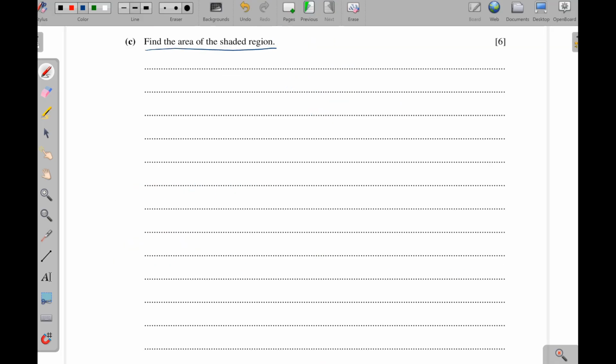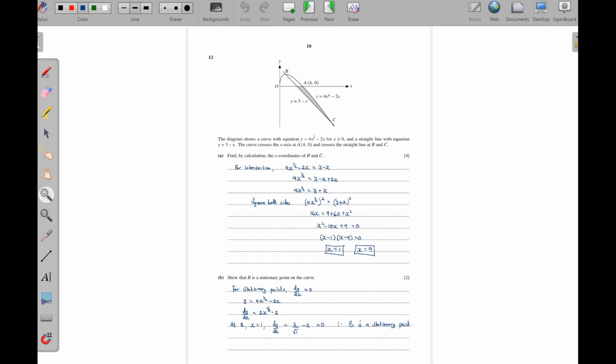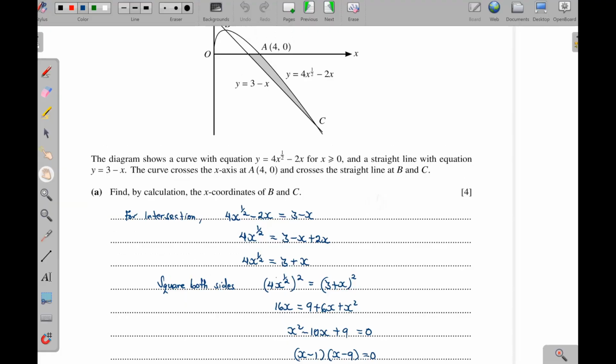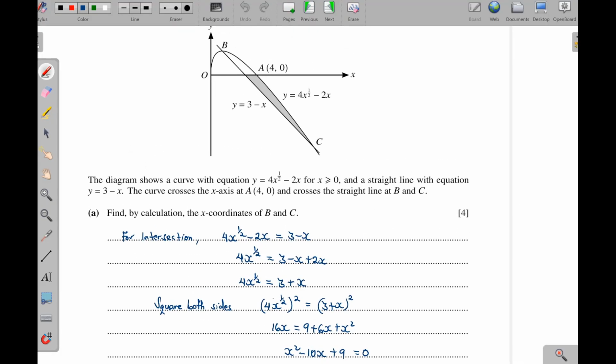But see, find the area of the shaded region. Now the area of this shaded region, we shall have the one which is above, then minus the one that is below. Since this one is a straight line, we shall look at the area of this triangle here, from here up to here, then minus the area under this curve here, not so?